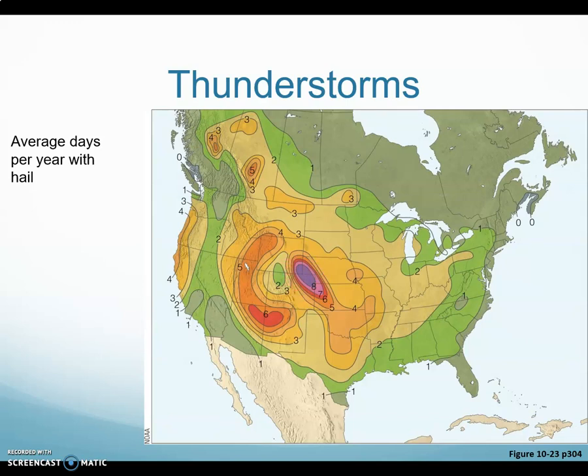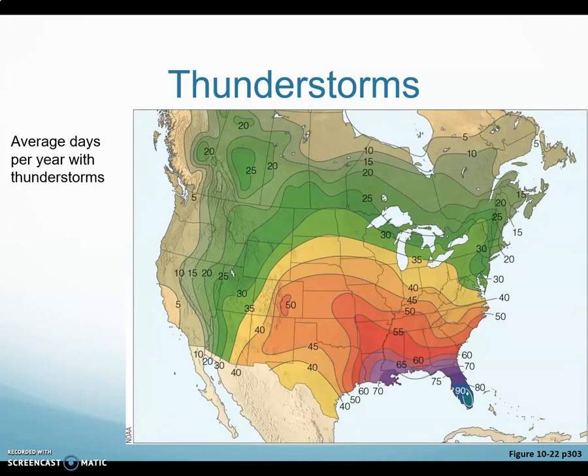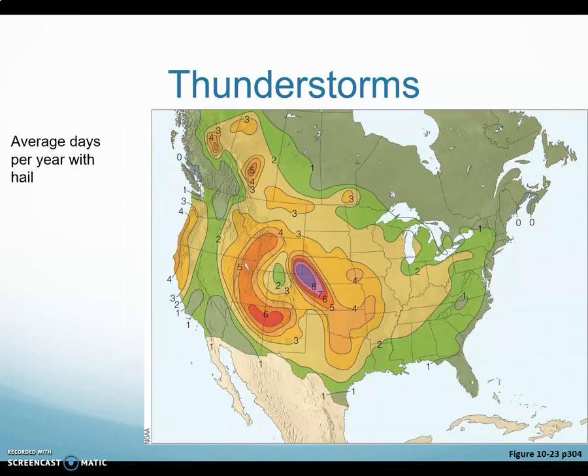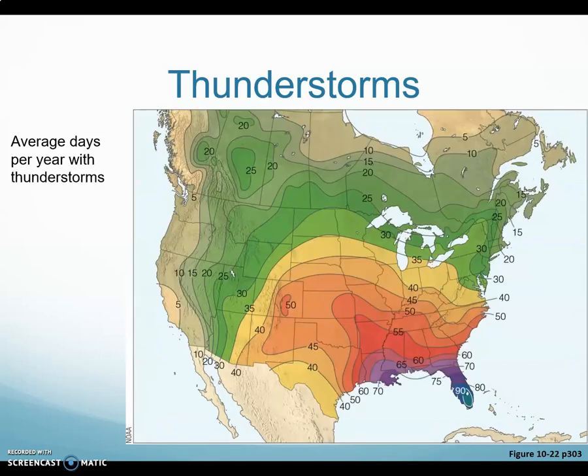Why do they have fewer thunderstorms in the Great Plains and yet more hail events? Well, that has to do with the type of thunderstorms we develop. Here in Florida, we develop primarily multi-cell thunderstorms, so you have a strong updraft, which creates very heavy rainfall.